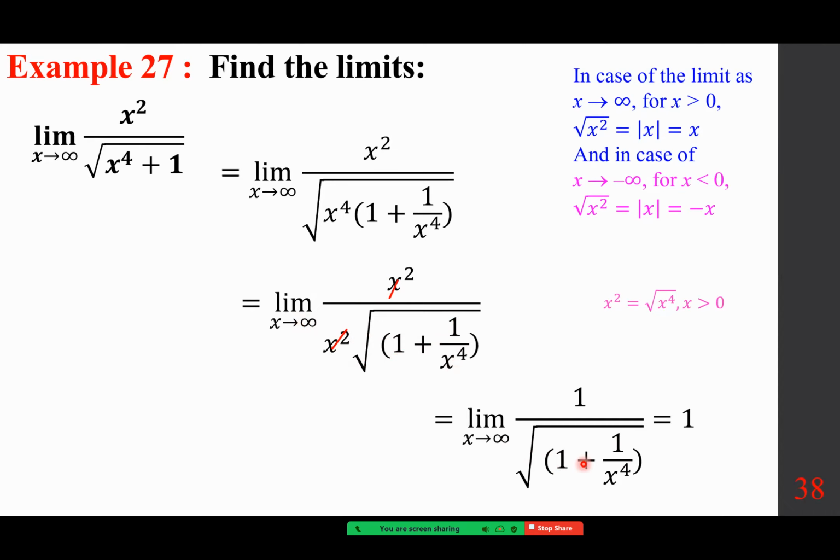So it becomes 1 over the square root of 1 plus 0, and the answer is 1. That's how we arrive at the answer.